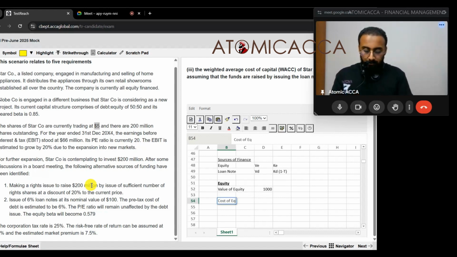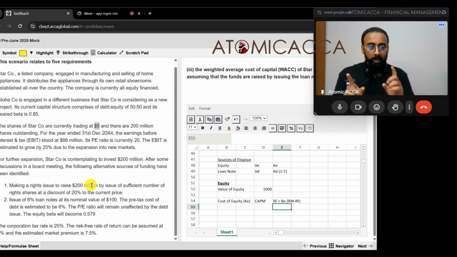Cost of equity. Ke will be based on CAPM model. What is CAPM model formula again? Rf plus beta equity into Rm minus Rf. Rf we have, Rm minus Rf we have. Equity beta we need, which is already given over here. The equity beta will become 0.579 post issue of loan note.